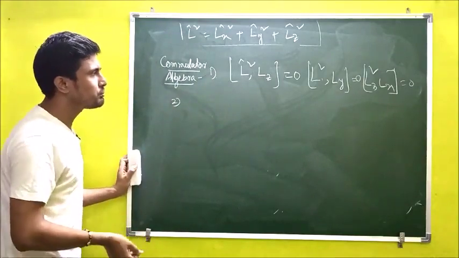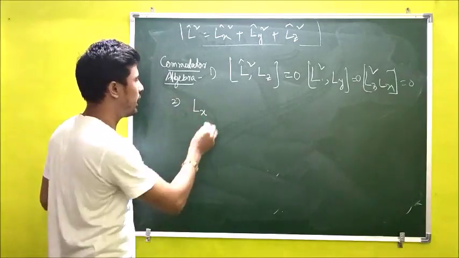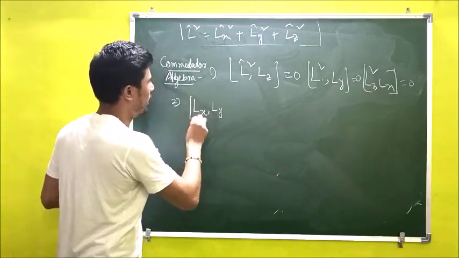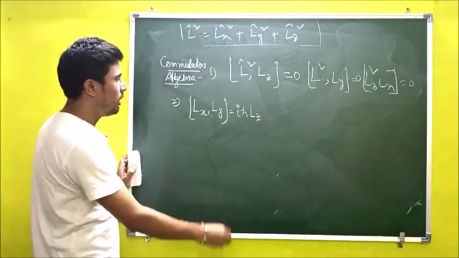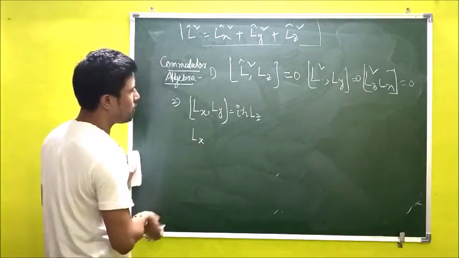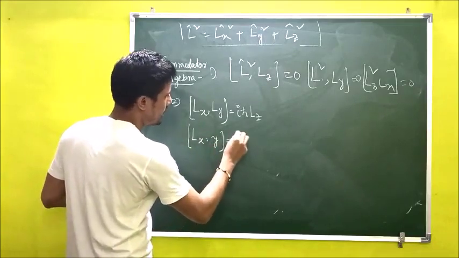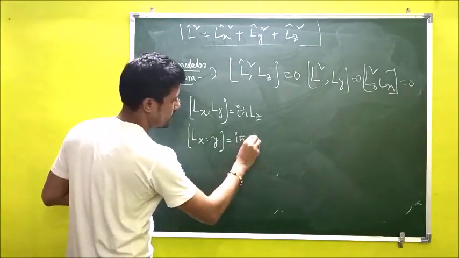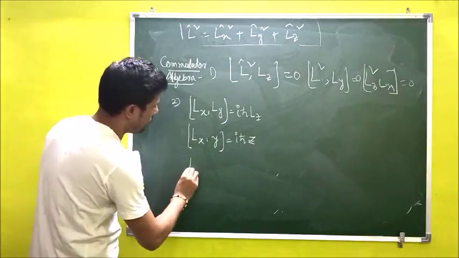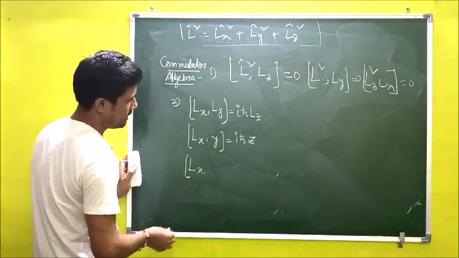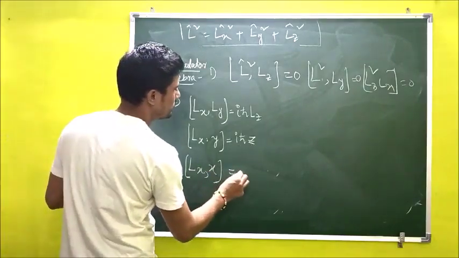Point number 2. The commutator of angular momentum Lx and Ly is equal to i h cross Lz. The commutator of Lx and position y is i h cross z, and the commutator of Lx and position x is equal to 0.